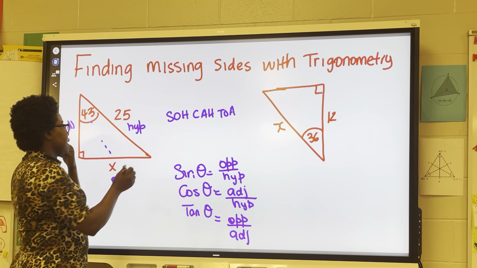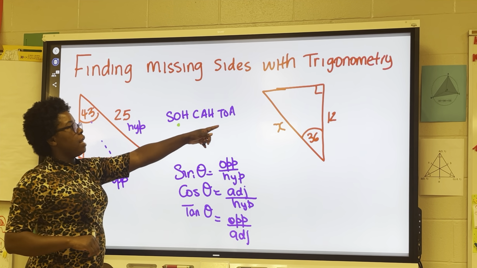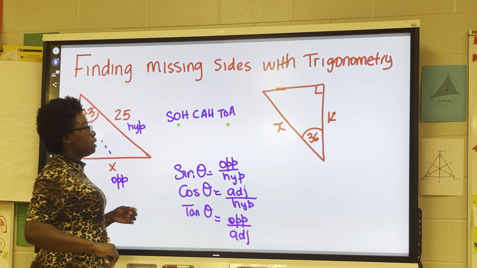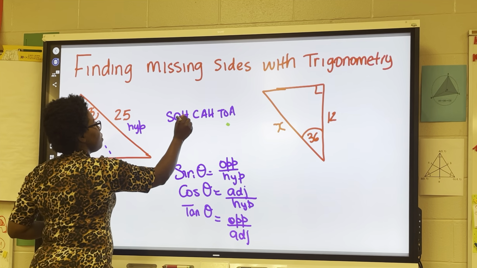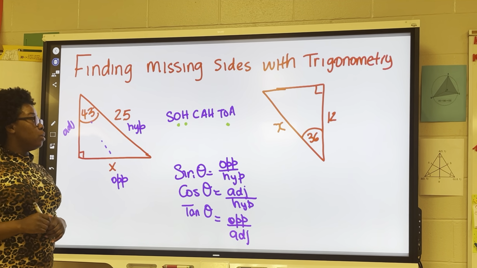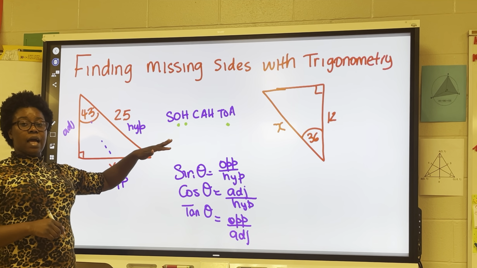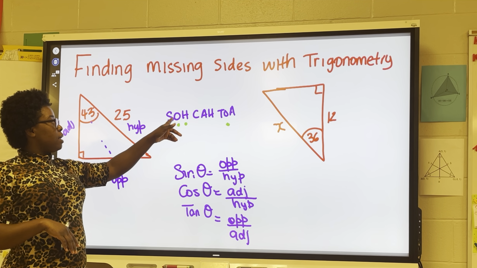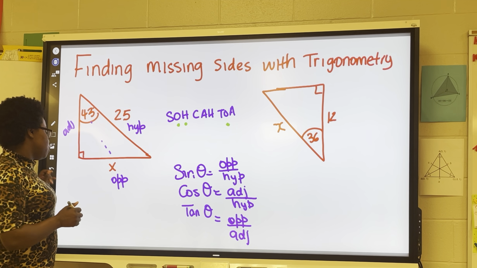The opposite is in sine and in tangent, and the hypotenuse is only in the sine ratio. Even though both tan and sine have the opposite side in them, only sine has the opposite and the hypotenuse. So we have to use the sine ratio.